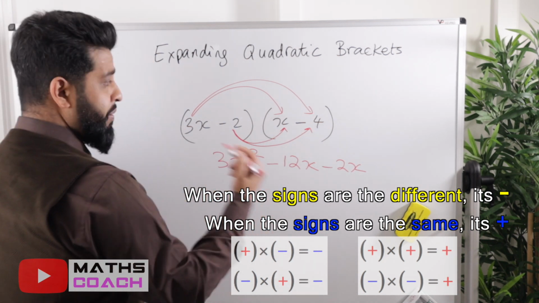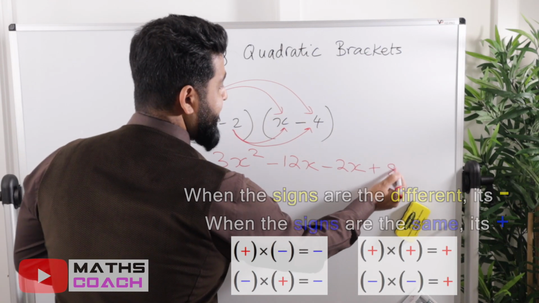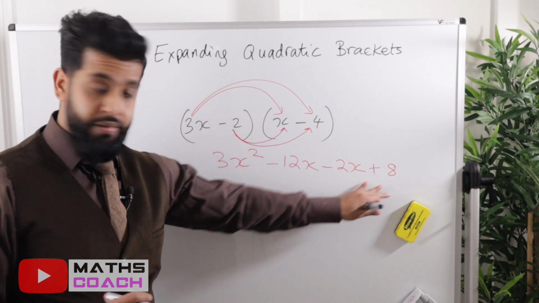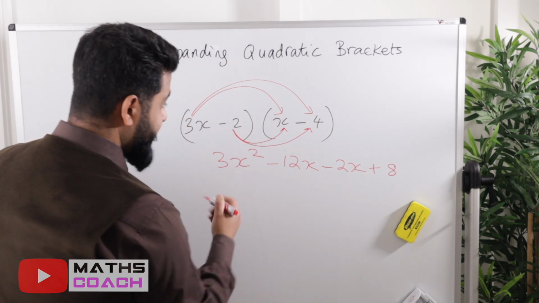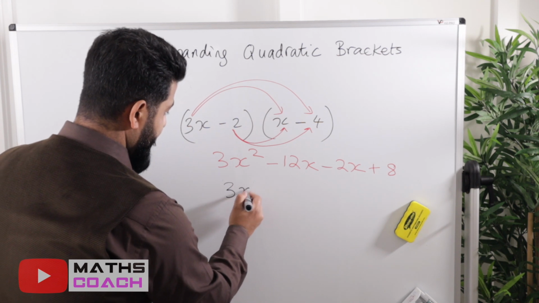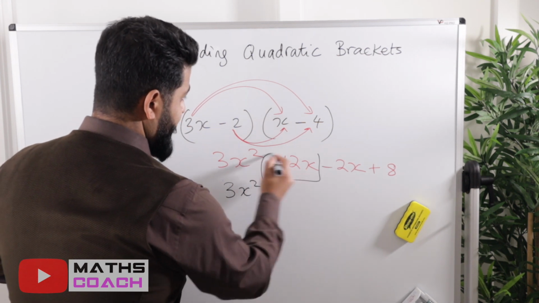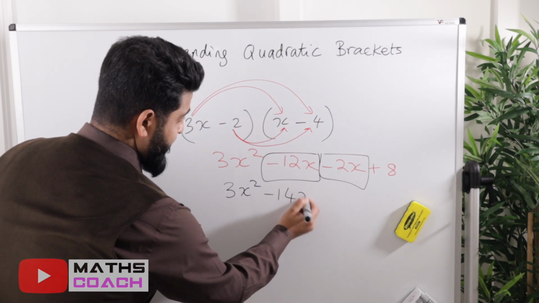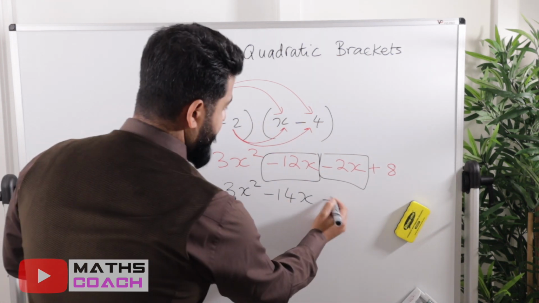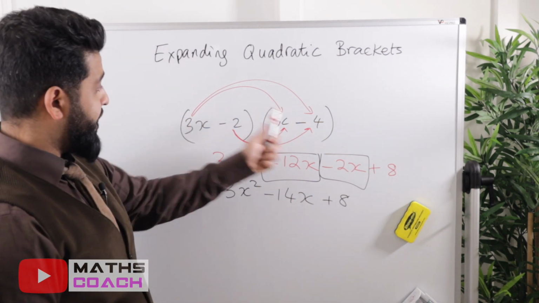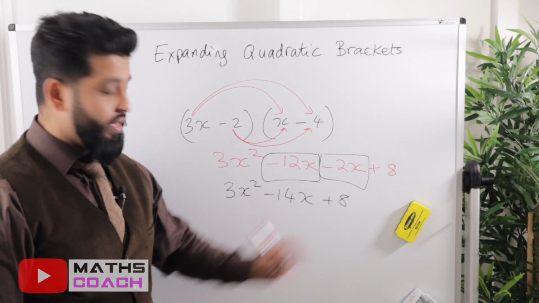Now minus 2 times minus 4 is plus 8. So now we just need to collect the like terms. So 3x squared doesn't have anything similar to it, so we can just write down 3x squared. Minus 12x minus 2x gives us minus 14x, they are the same, and plus 8. And that is expansion and simplified.